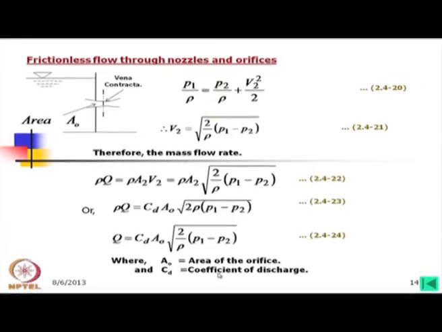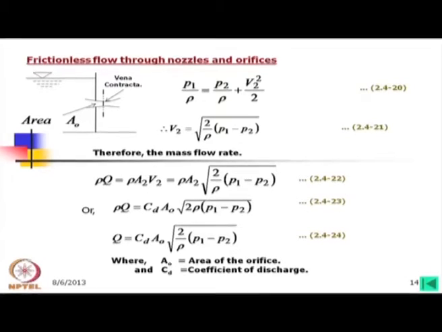Again, you know that the coefficient of discharge is equal to the area contraction coefficient times another coefficient of velocity. Combining these, we use C d for fluid flow. In the case of fluid power with incompressible flow for a suitable orifice, normally this C d value remains more or less constant.